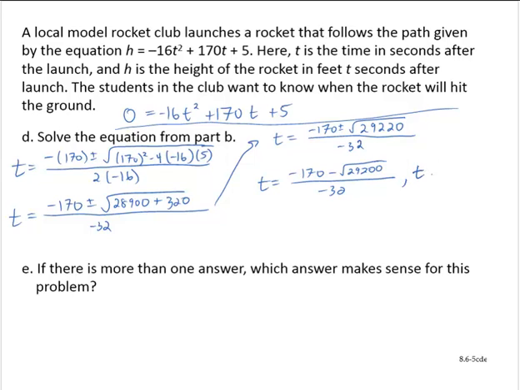And the other solution, t is negative 170 plus the square root of 29,220 over negative 32. Now this is all nice, but it would probably be more useful to have some decimal values than these expressions with all of these terms and square roots. So I'm going to use my calculator to approximate these.